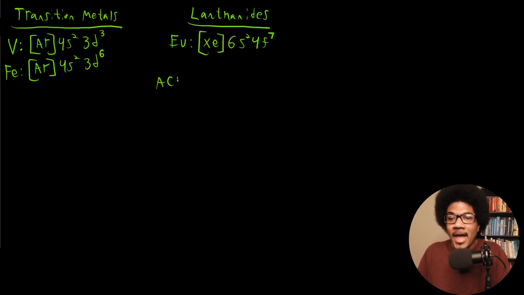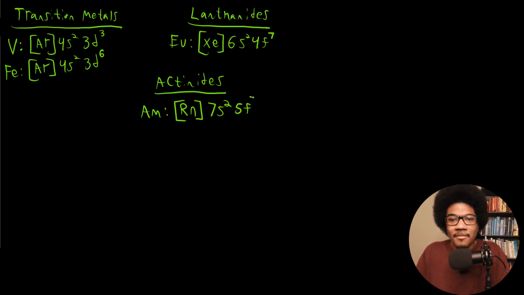And let's look at at least one example of an actinide. For the actinides, let's look at americium, which has a chemical symbol of Am. That's going to have an electron configuration of radon for the noble gas core electrons, and the other electrons placed 2 in the 7s, and 7 in the 5f.